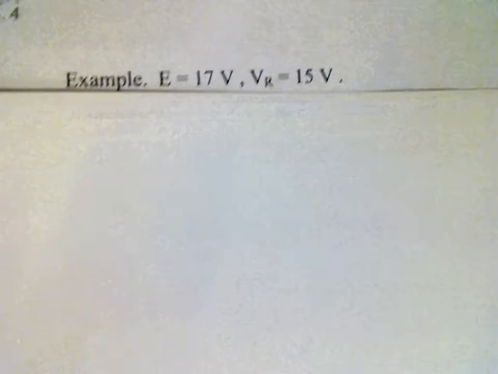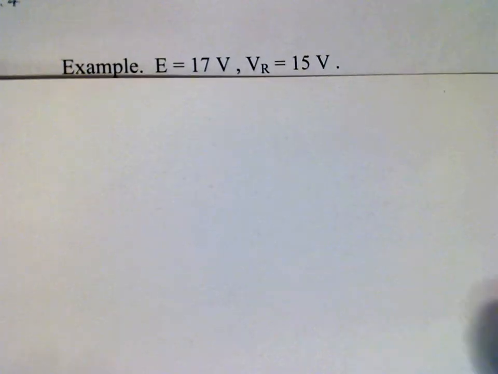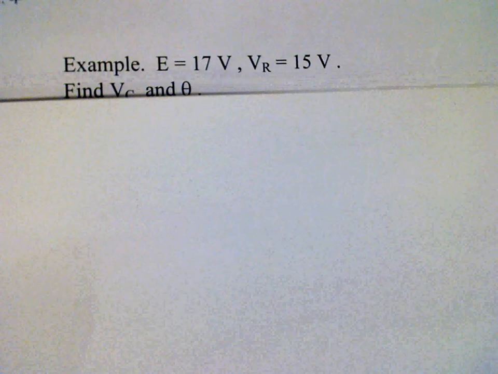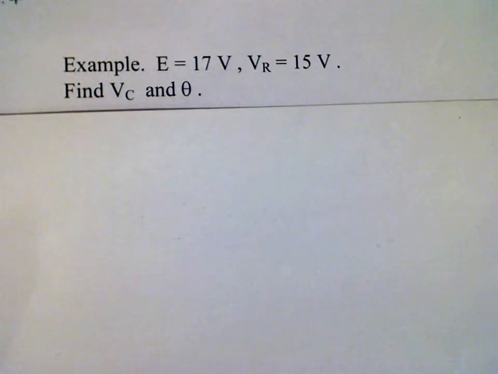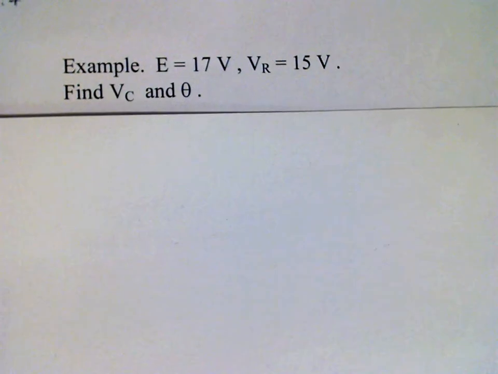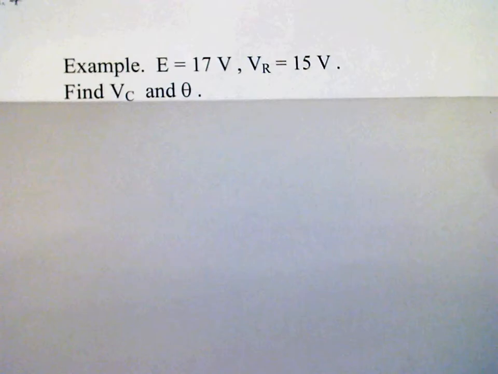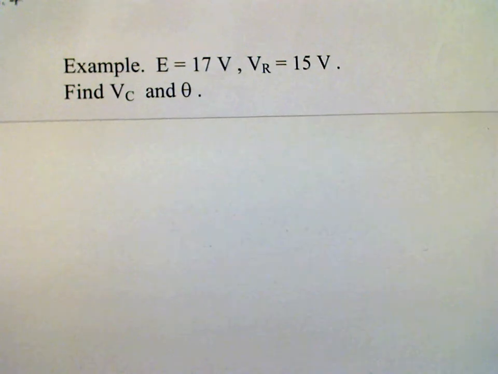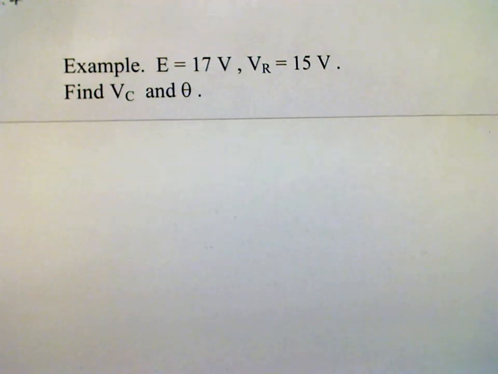Let's do one more example. Now we're given source voltage 17 volts and voltage across the resistor 15 volts, and we need to find the voltage across the capacitor and the phase angle. Okay, this time we need to do the square root of the difference of the squares because we're given the hypotenuse.